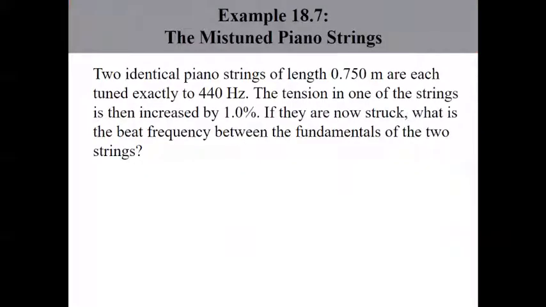So there's an example here where there's two piano strings. They are about the same length. They have the same tune. And that means that, right, they're going to play a note, probably a C note. But then they're doing some adjustments, and now the one string increases its tension by 10%.